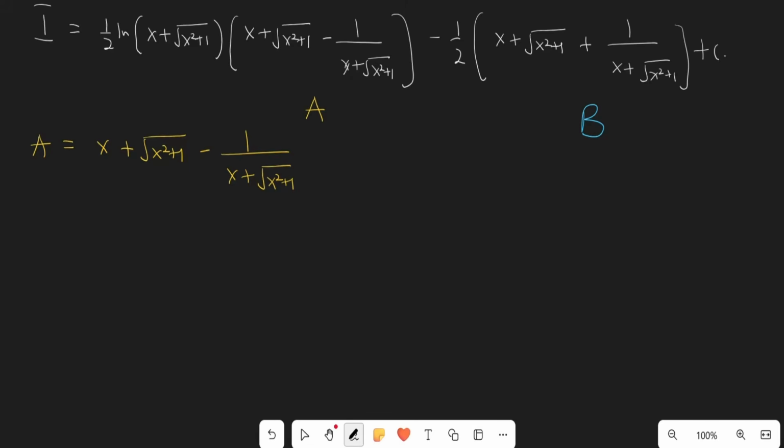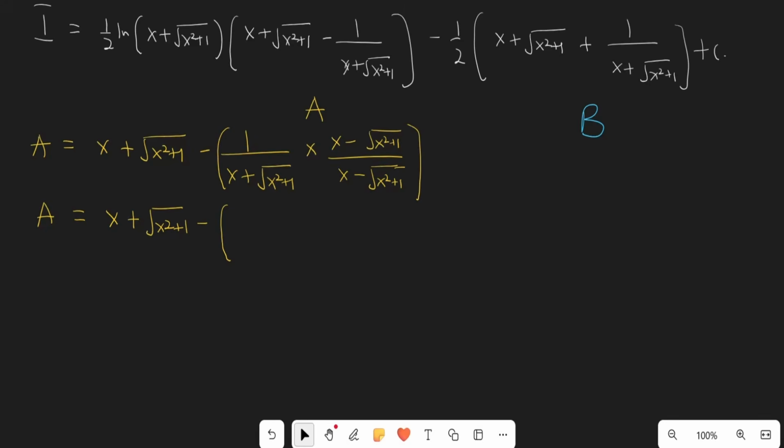Here what I'm going to do is rationalize this radical. So that is going to be multiplied by x minus the square root of x squared plus 1 all over x minus the square root of x squared plus 1. So a is going to be equal to x plus the square root of x squared plus 1, and then minus, you can put this one in parentheses.